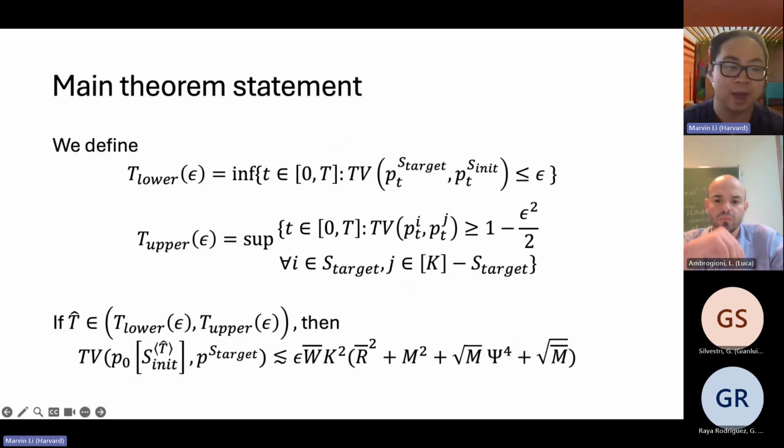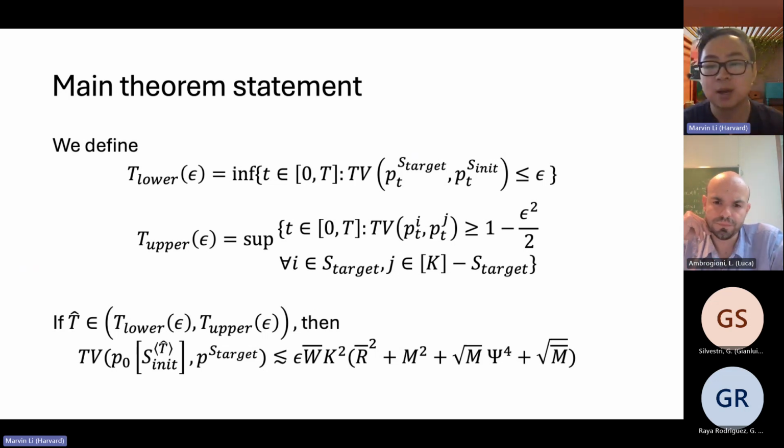So if we have T lower epsilon to be, again we introduce the concept of T lower and T upper. T lower basically says we want to noise up to the time where the distributions of S target and S init are close enough to each other, and T upper says that we want to make sure that every component of S target is disjoint from any component from K minus S target.